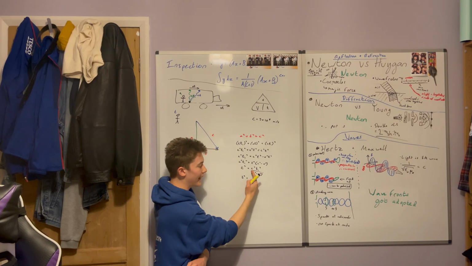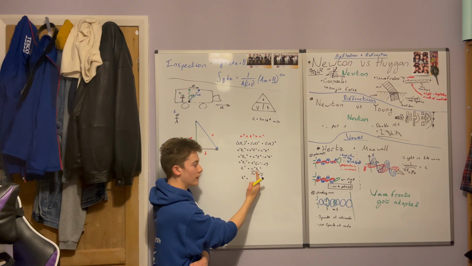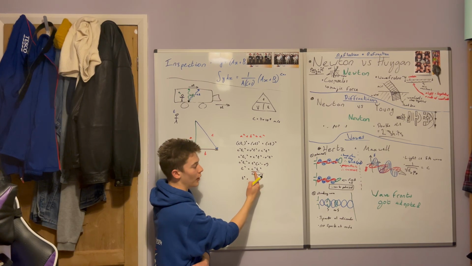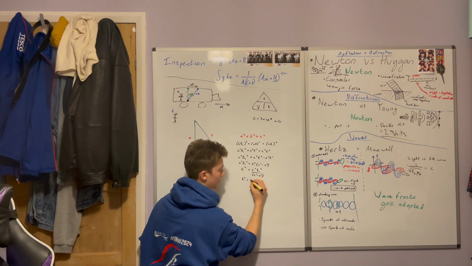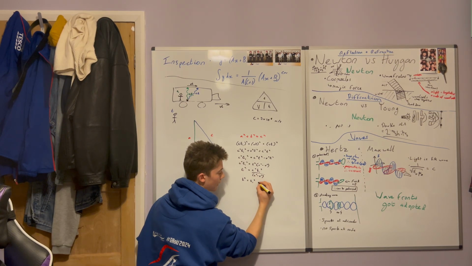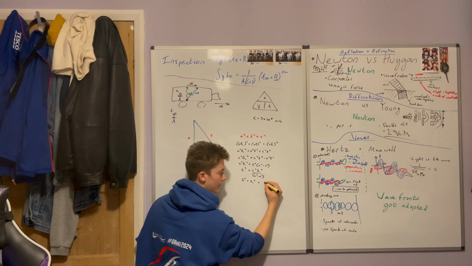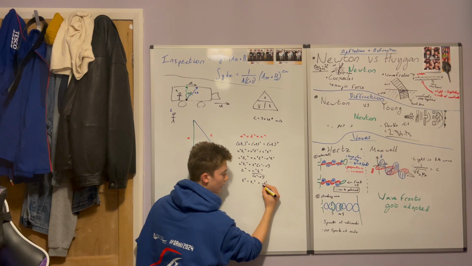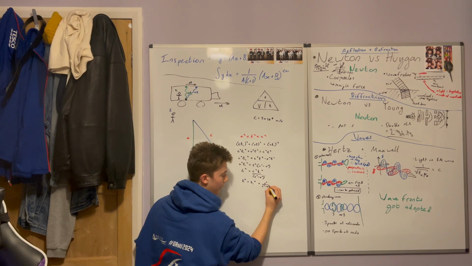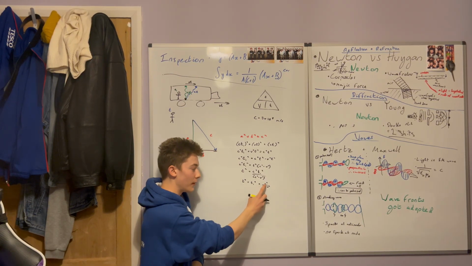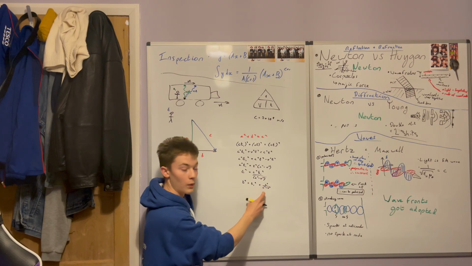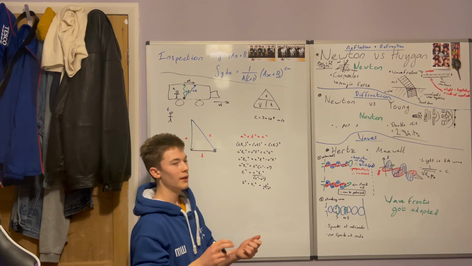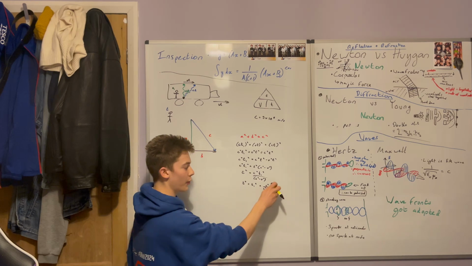Right, we're going to take out a factor of C squared, of T1 squared, right? So T1 squared times C squared over C squared minus V squared, right? And we can actually make it so that the numerator is 1.